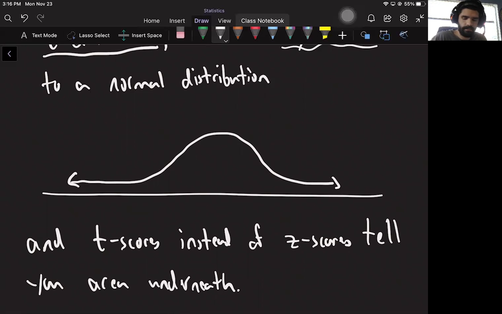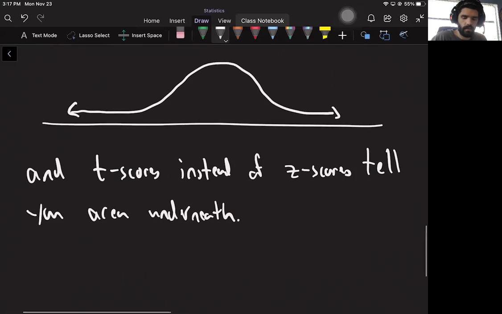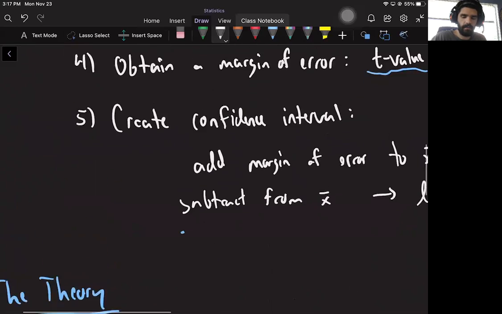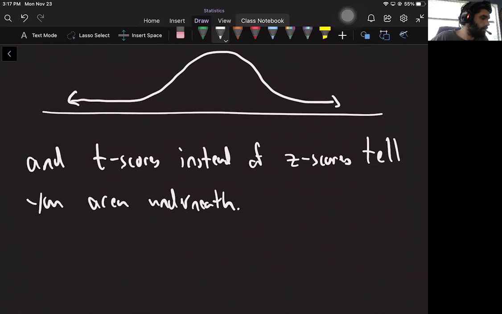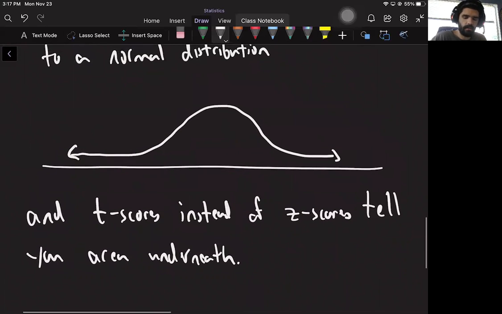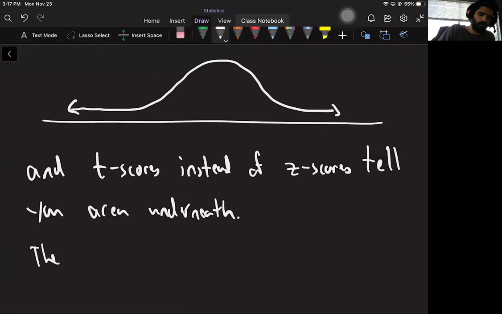So then the process that I described up here creates an interval based on this distribution, instead of the normal distribution.